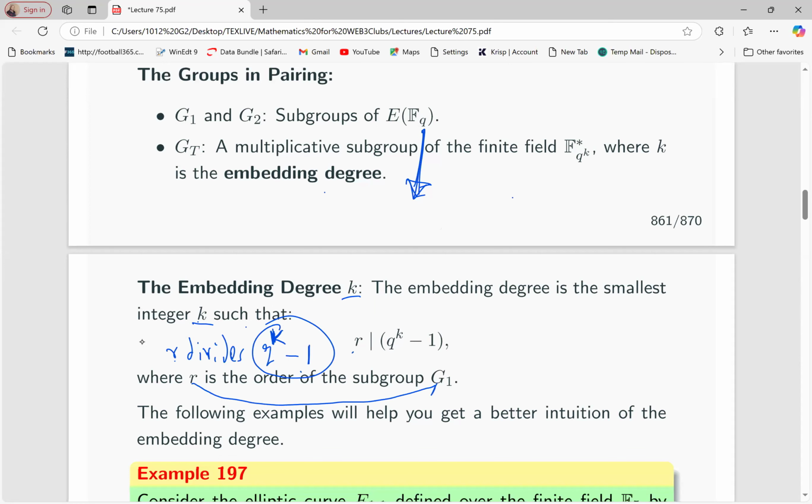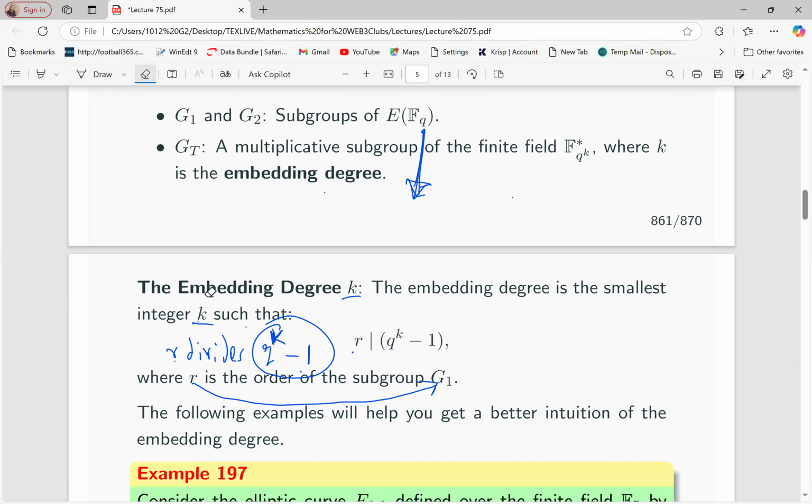R is the order of group 1, that is, the number of points of group 1. How many points does it have? That is the order.